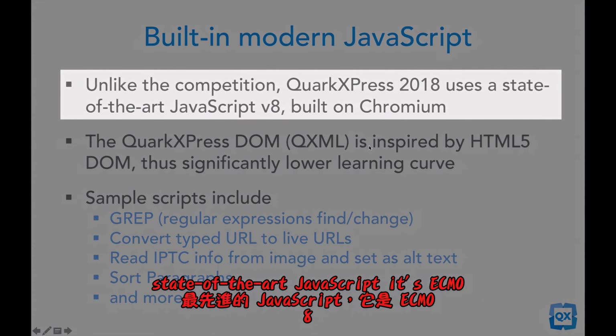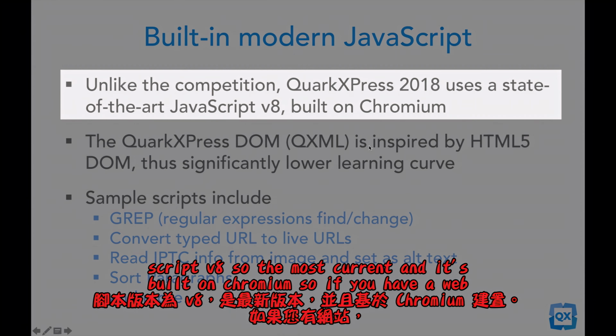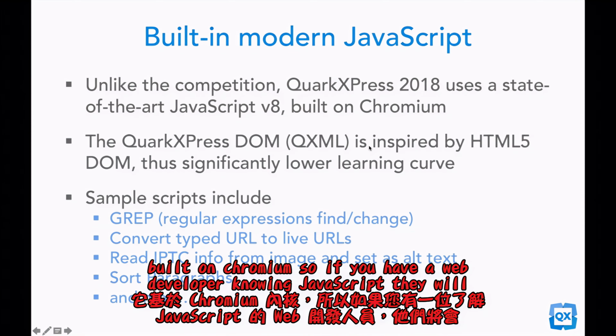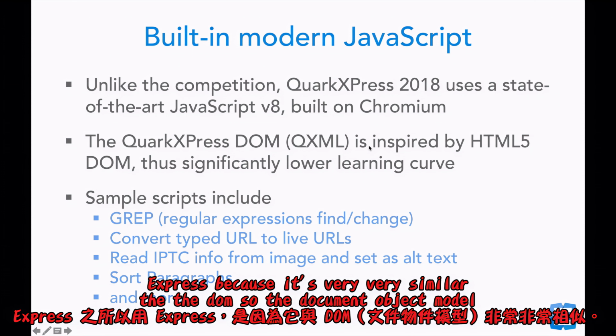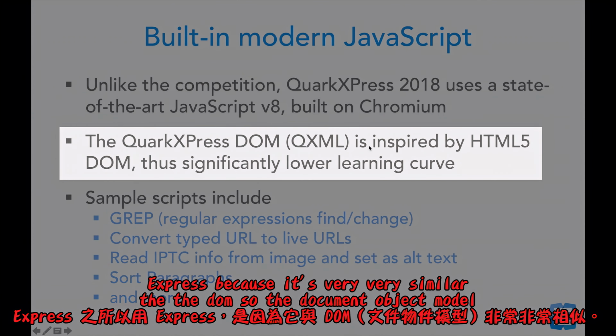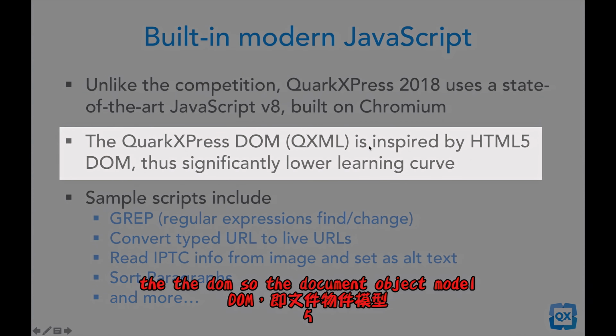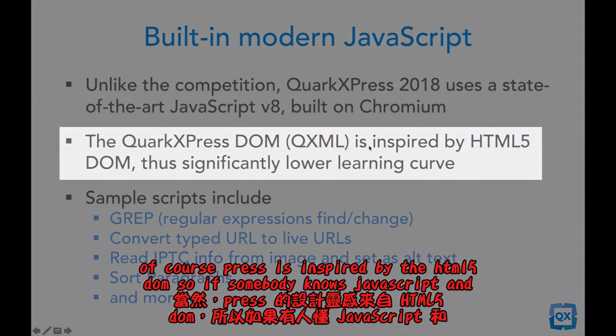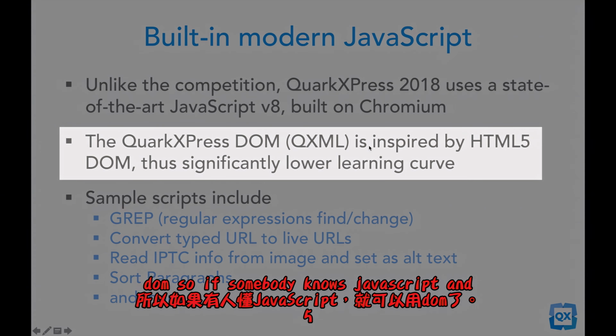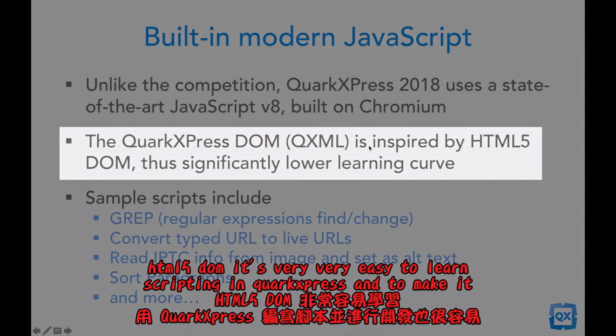And it's a state-of-the-art JavaScript. It's ECMAScript v8, so the most current, and it's built on Chromium. So if you have a web developer knowing JavaScript, they will be able to start immediately in QuarkXPress because it's very, very similar. The DOM, so the document object model of QuarkXPress, is inspired by the HTML5 DOM. So if somebody knows JavaScript and HTML5 DOM, it's very, very easy to learn scripting in QuarkXPress.